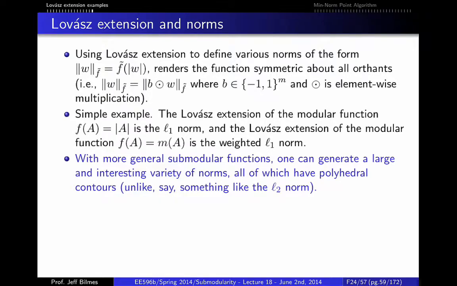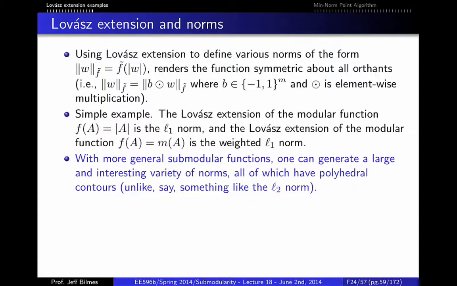Note that you can't easily generate the L2 norm with the Lovász extension, because the Lovász extension is inherently polyhedral. The 2 norm isn't really structured in the same way. It's the square root of the sum of the squares, so if any one element gets big, or any other element gets big, there's in some sense a global interaction via the square root function, in that the overall cost starts diminishing.